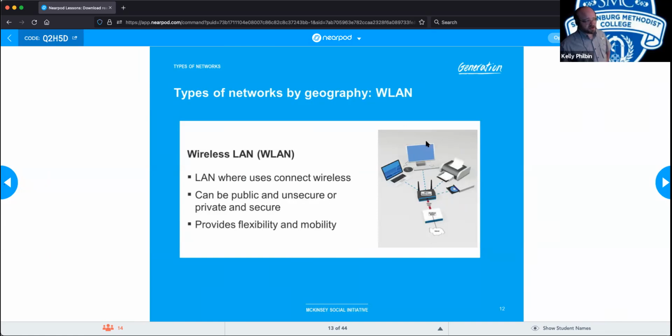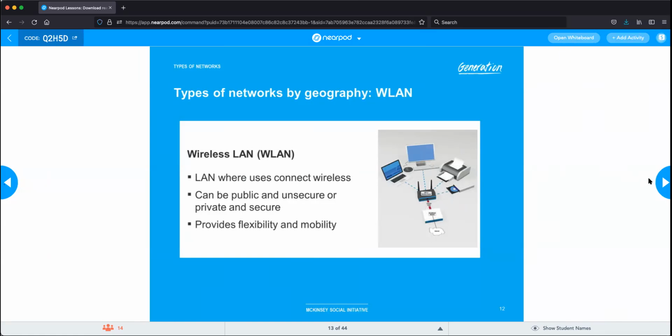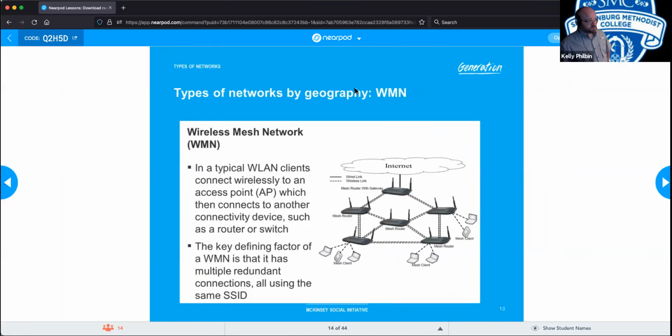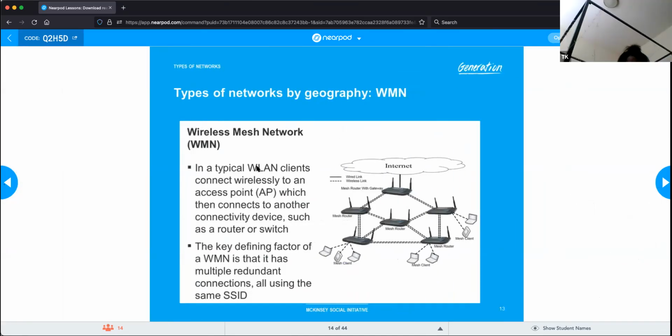Kind of like a star network almost. So you have that single device that's connecting to everything. If you currently have a router in your home and you're using a notebook wirelessly, TK, you're using a wireless LAN. Yeah. So you have a WLAN. Now, so I get that part. Is that where the WMN comes in with that?